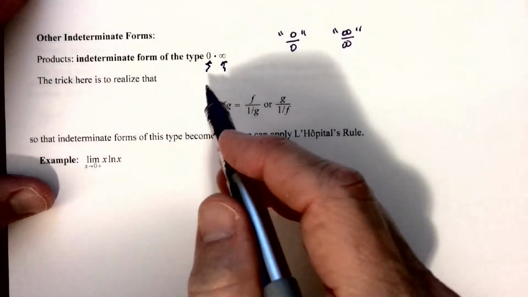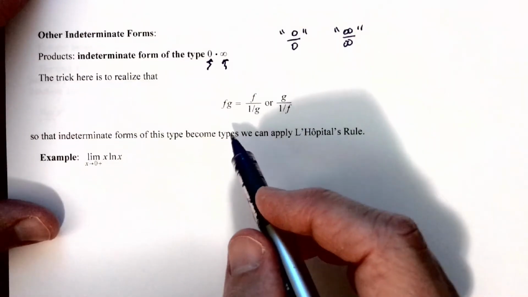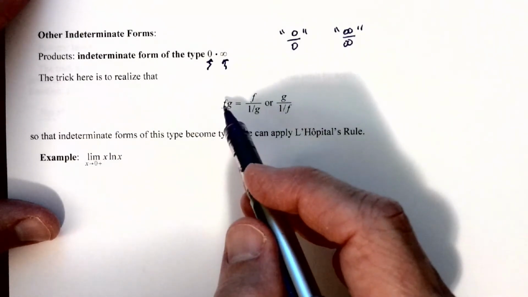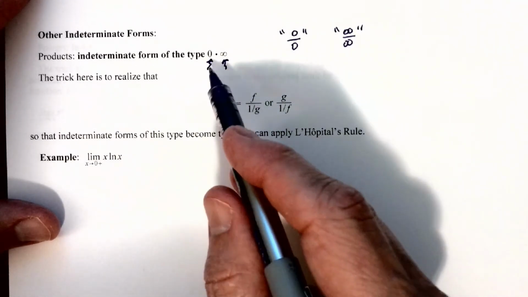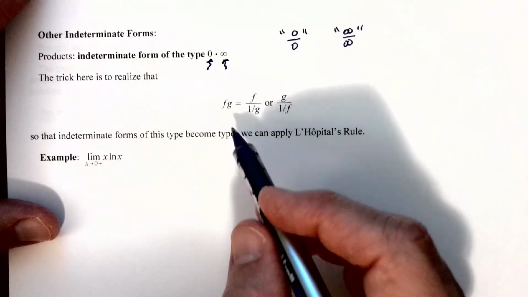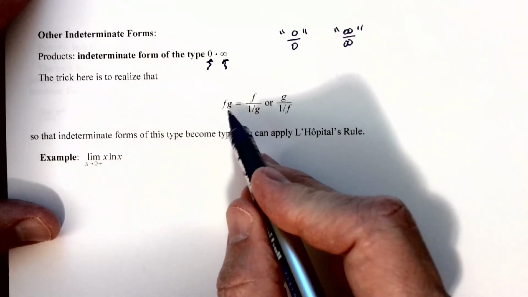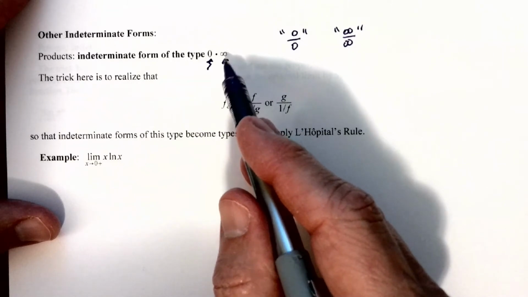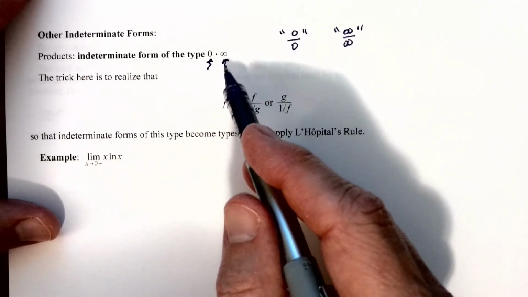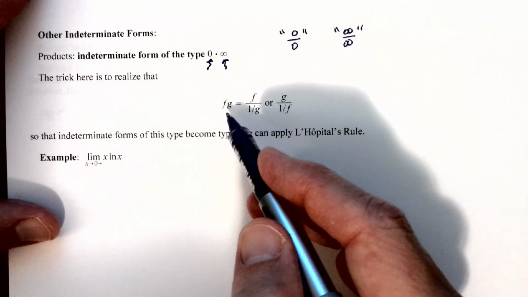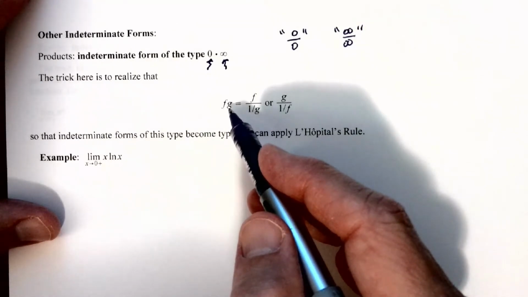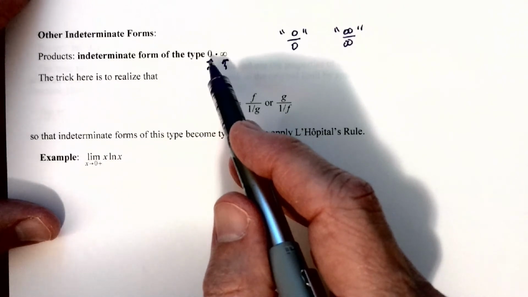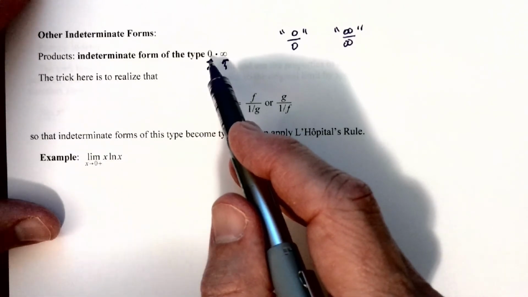The trick in evaluating these types of limits is to realize that, say I've got a product of two functions f and g, and f is going to 0 and g is going to infinity. So there are two ways I can do this. If a function is going to infinity, then its reciprocal, 1 over infinity, is going to 0. And similarly, if a function's limit is 0, its reciprocal is going to infinity.